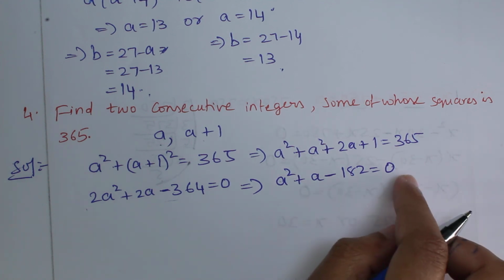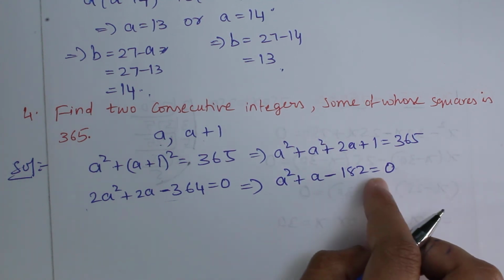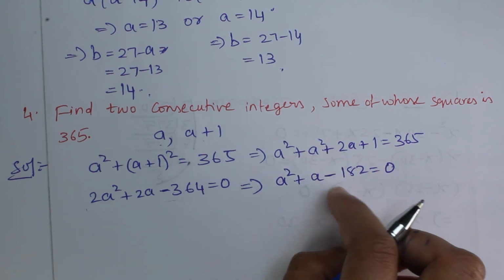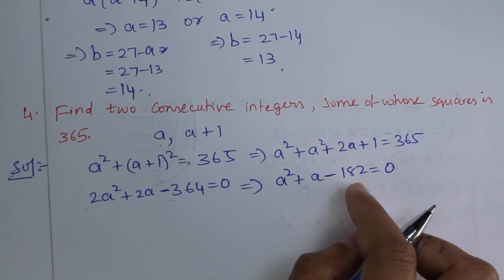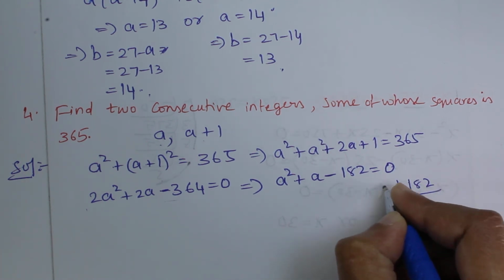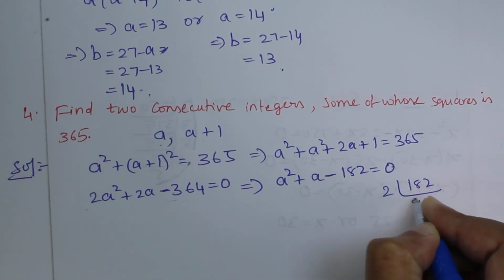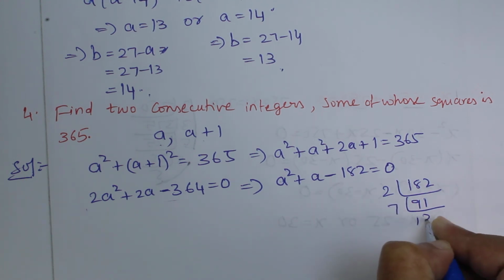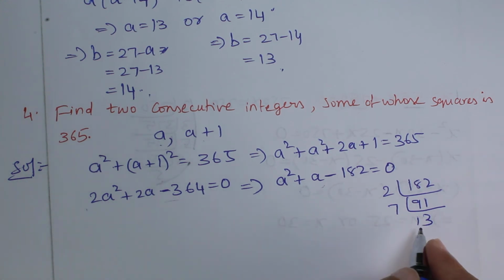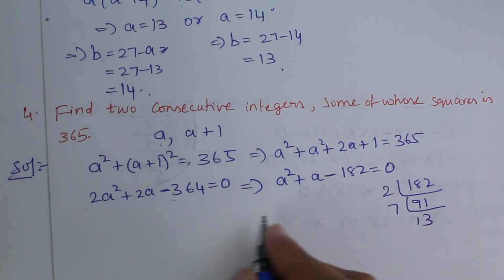It is similar to the equation we got in the third problem, except that the middle term is different. So what is again the factorization of 182? 2 9s are 18, 2 1s are 2, 7 into 13.